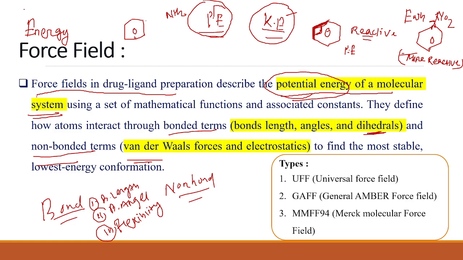So this carbon and this nitrogen may have some connection if we perform the docking, and the carbon can react with this NH2 group and make some bond or attraction. What are the different types of attraction here? Van der Waals interaction may be possible, or electrostatic interaction, or hydrogen bond, pi-pi interaction, or pi-alkyl interaction. So these are the two terms, the bonded term and the non-bonded term.